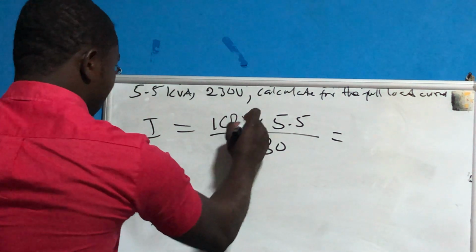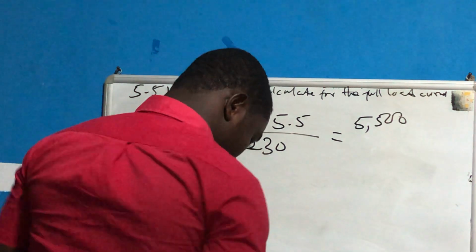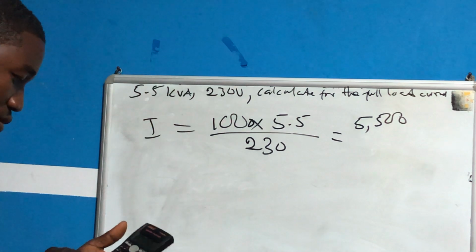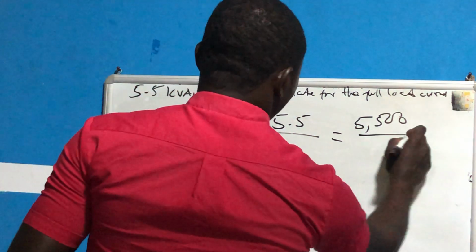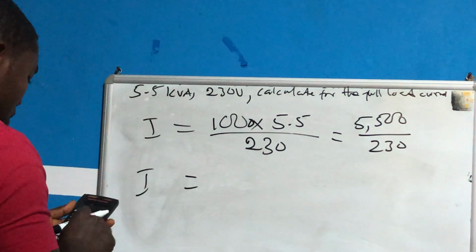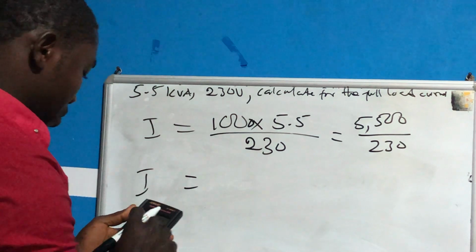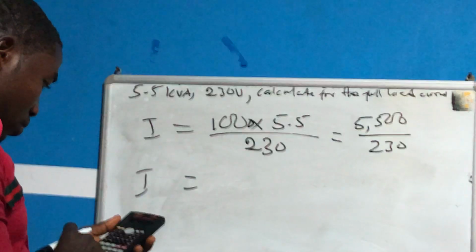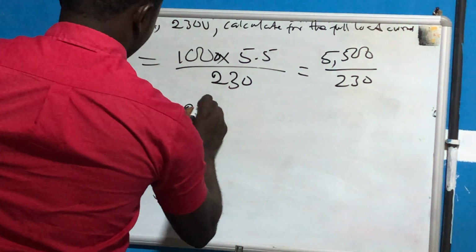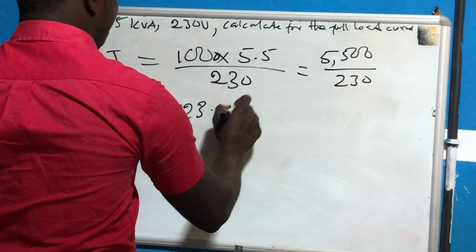5.5 times 1000 is 5500. So it's 5500 divided by 230. 5500 divided by 230 is 23.991 ampere.